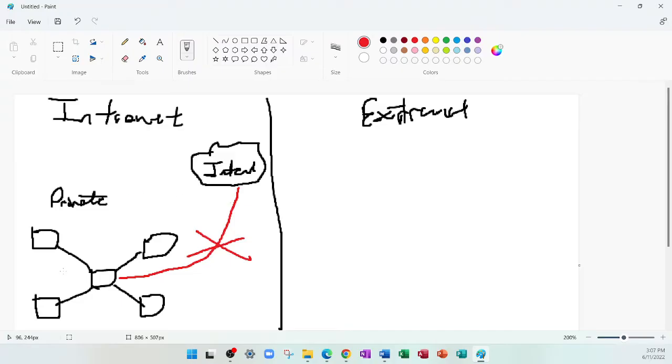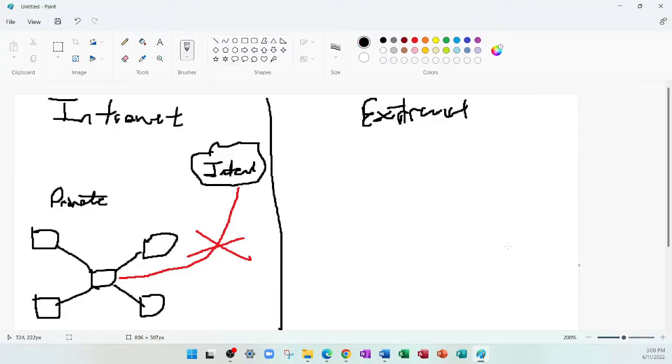Only these devices here can see each other. They will not be able to go on the internet. But one thing to note is that how this intranet is set up, it kind of looks like you're on the internet. You actually use a browser and you log on to different pages using that browser. So it kind of feels like you're using the internet, but it's not.